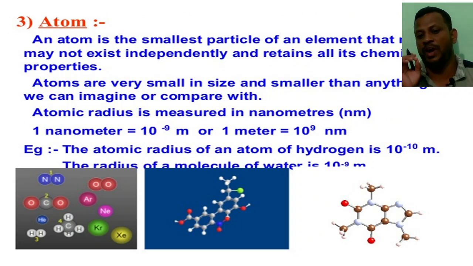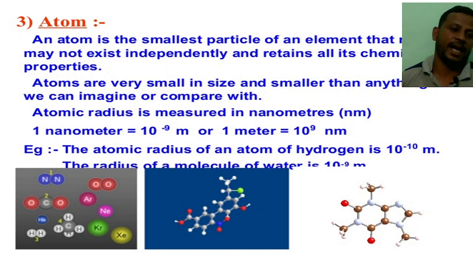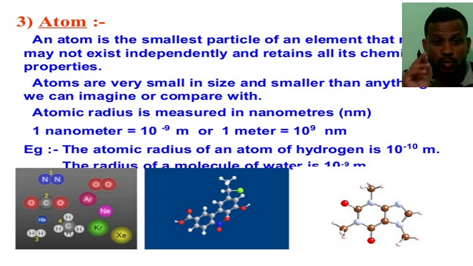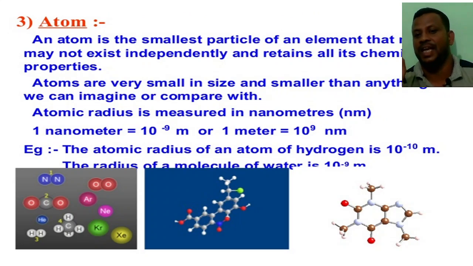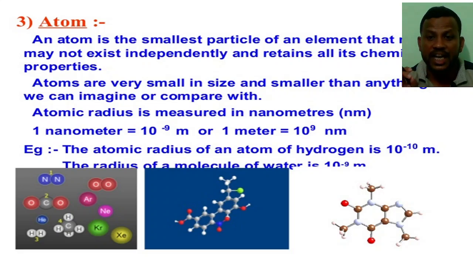Next point here, the atom. An atom is the smallest particle of an element that may or may not exist independently and retains all its chemical properties. This is a very important definition.